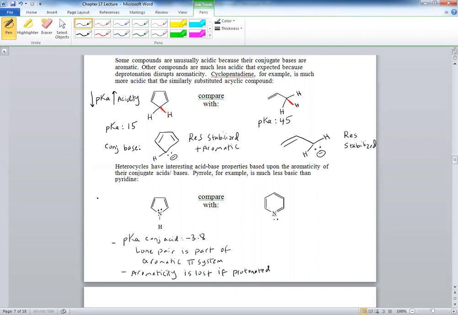So I'll draw this on the side right here. Pardon my drawings. Trying to do my best with this tablet here, but you get the picture.